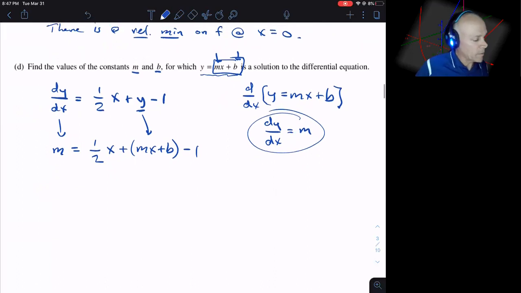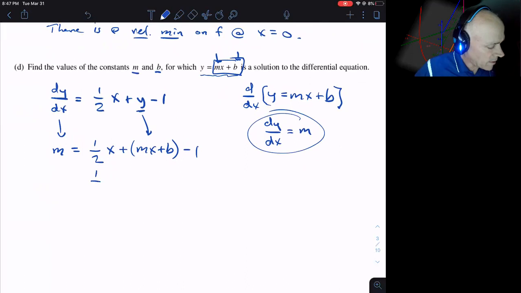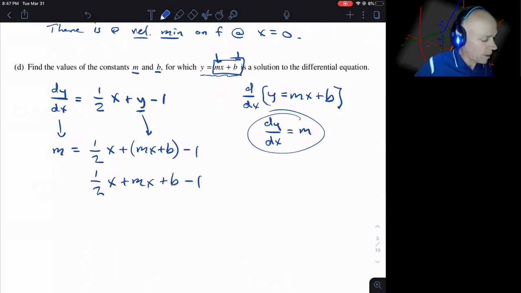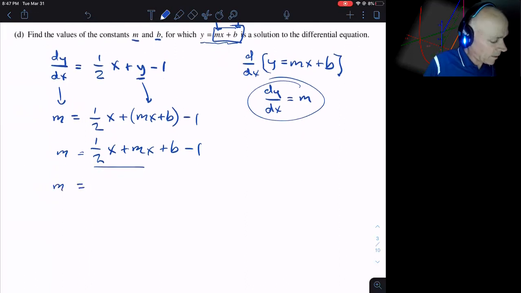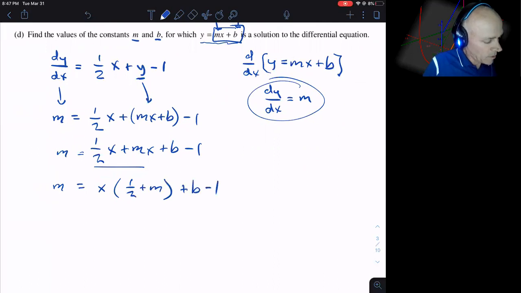Now I'm going to lose my parentheses: 1/2 x plus mx plus b minus 1, and I'm going to factor by grouping. This is still equal to m. So m is equal to, now I'm going to factor out an x, x times 1/2 plus m, plus b minus 1.